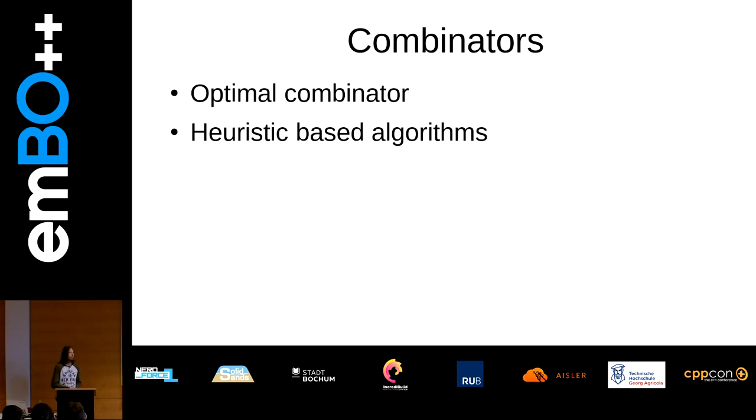But of course, there are always trade-offs you have to make between tree size and other trade-offs. And then also you could have heuristic-based algorithms, which use a different scoring system to speed up the process of creating these allocators.